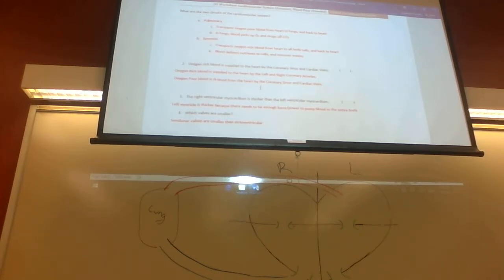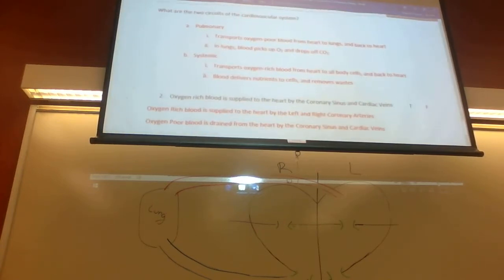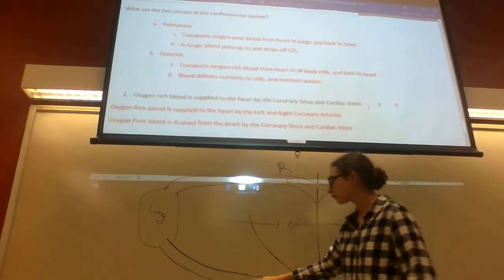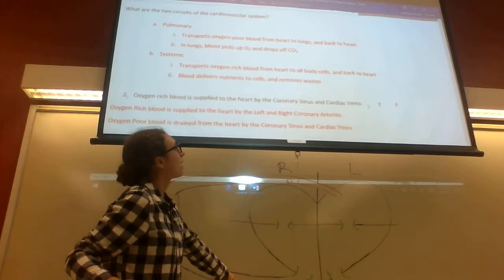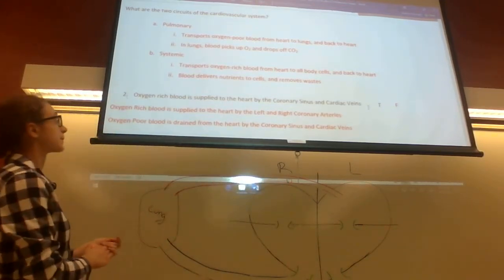So those are some descriptions. The pulmonary circuit transports oxygen-poor blood through the pulmonary artery from the heart to the lungs and back to the heart. So that's what that first description is about.